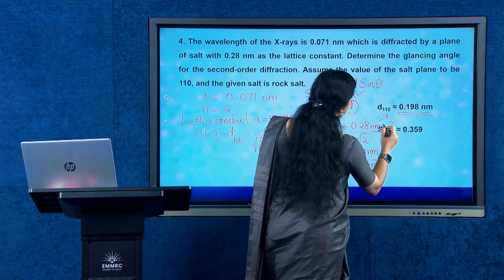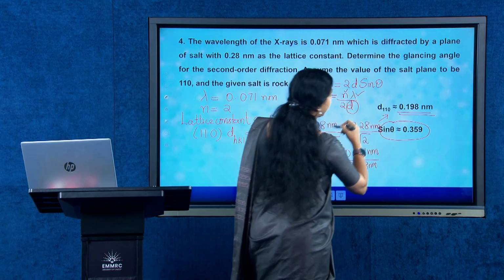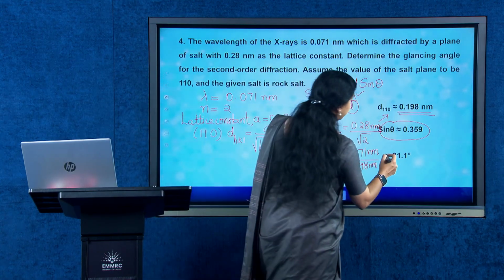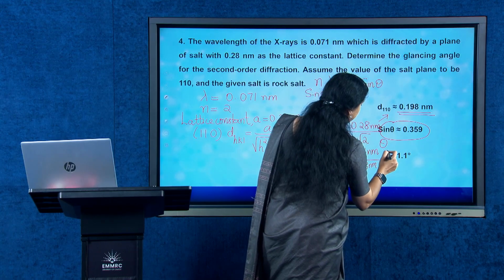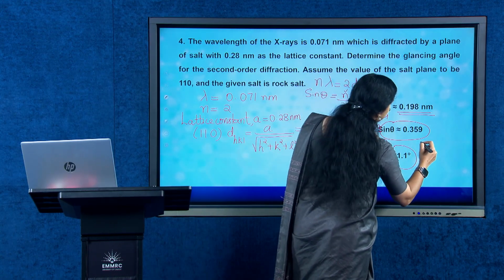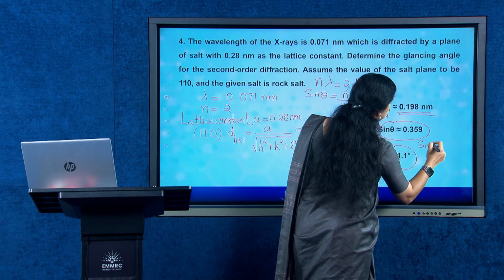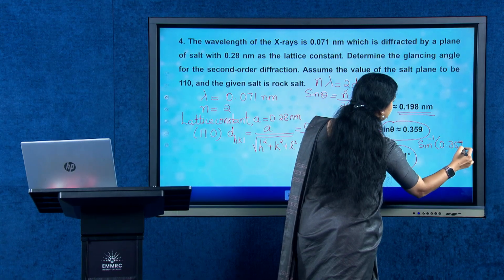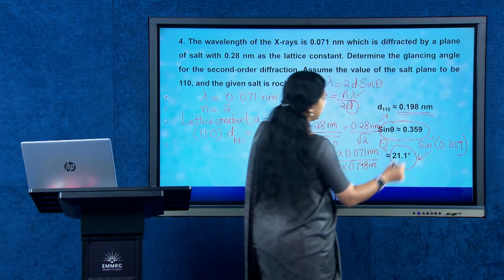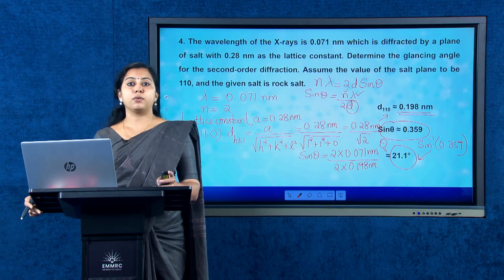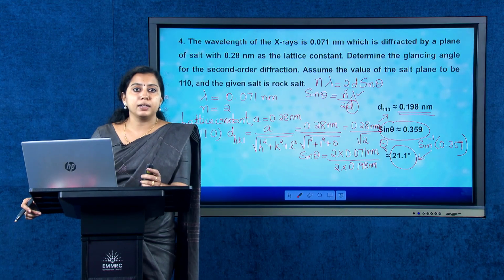So, we got the value of sin theta as 0.359. So, what will be theta? Theta will be equal to 21.1 degree. So, you can calculate theta as sin inverse 0.359. So, that will be 21.1 degree. So, in such a way we have calculated the angle theta for a second order diffraction.